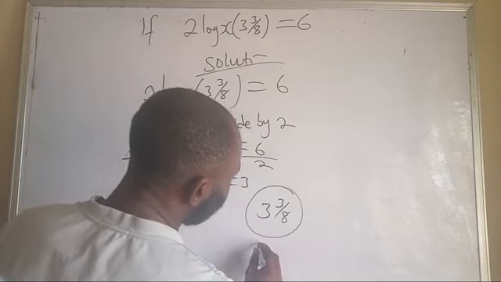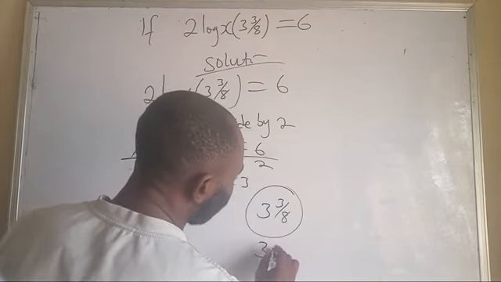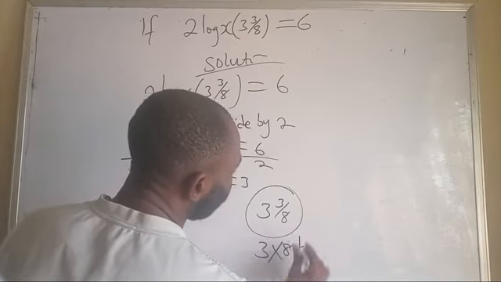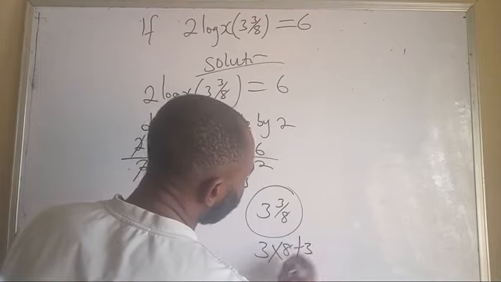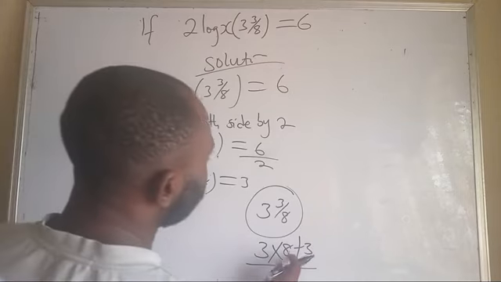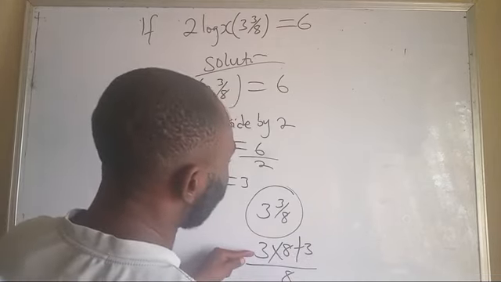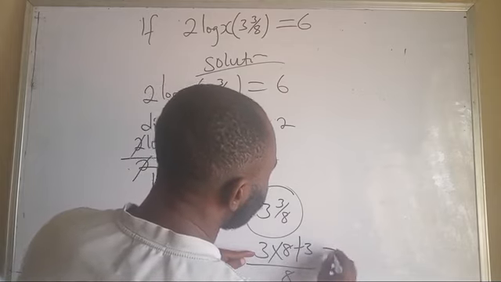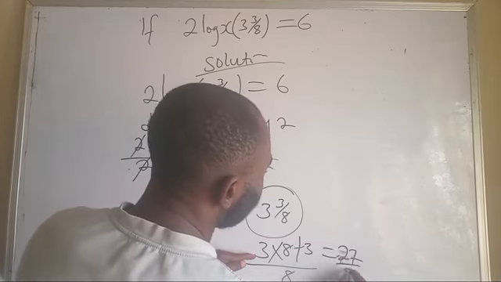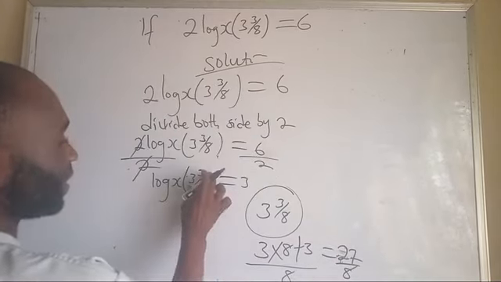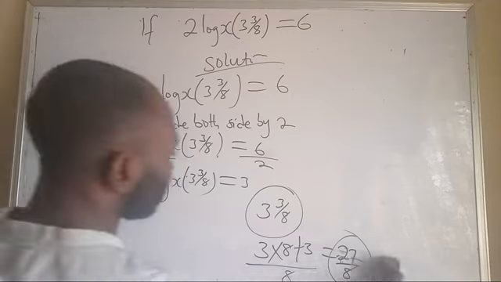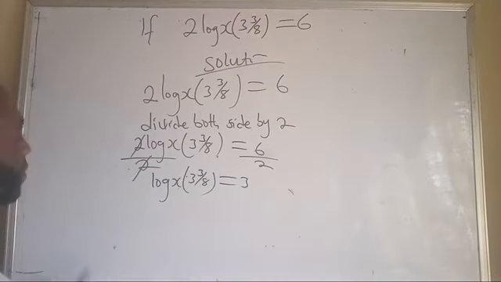So that is 3 times 8, which is 24. 24 plus 3 is 27, which gives you 27 all over 8. So this is the same thing as 27 over 8. Let's put it back.